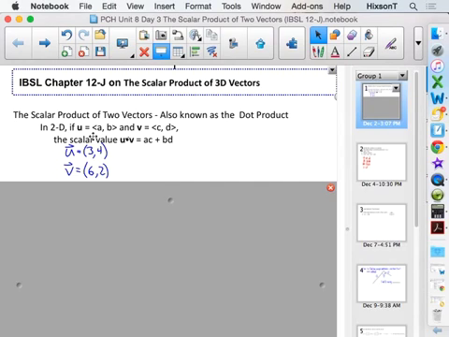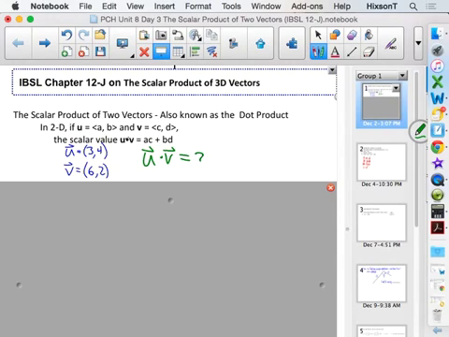Okay? So just as a refresher here, if I'm doing u dot v, and u is the vector 3, 4, and v is the vector 6, 2. What's my dot product? 24. Okay, 24.